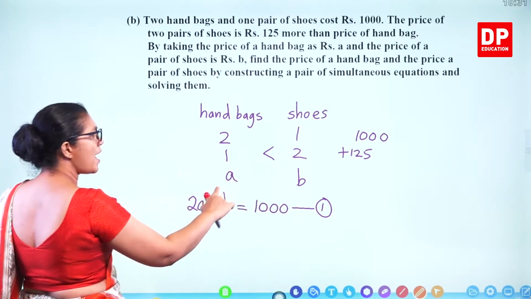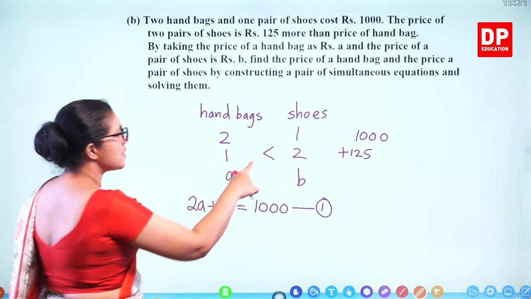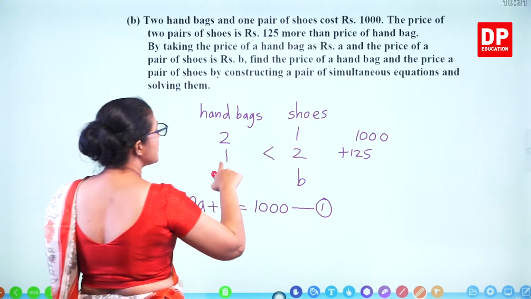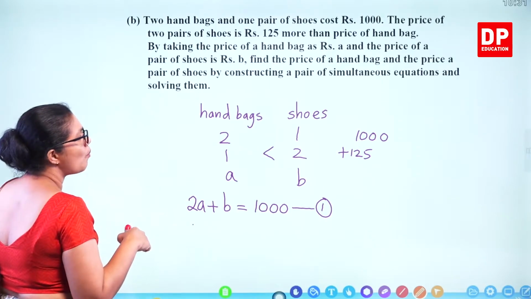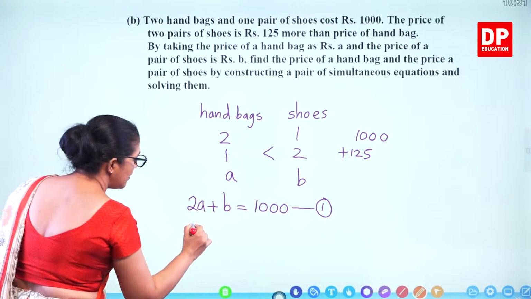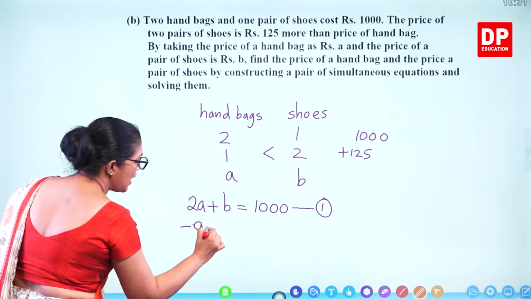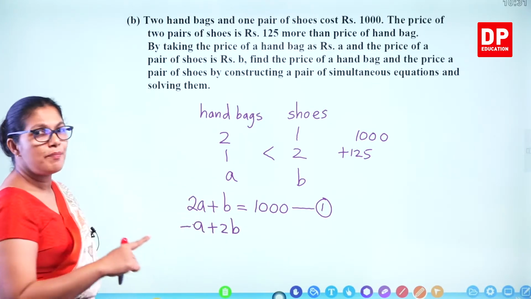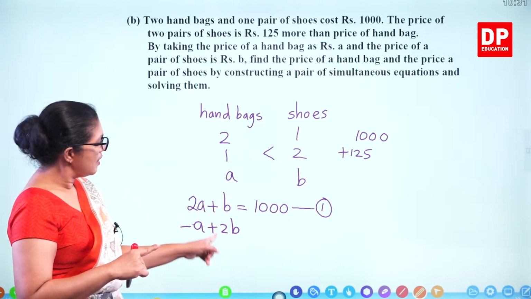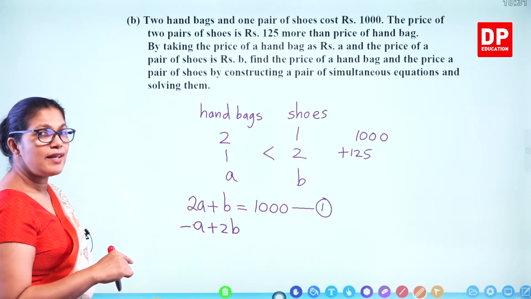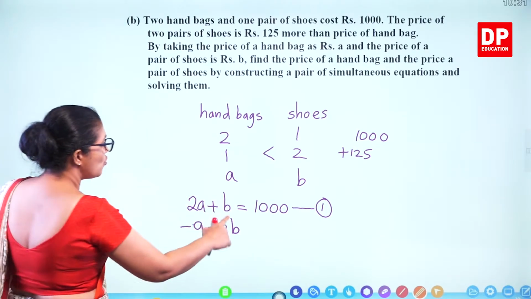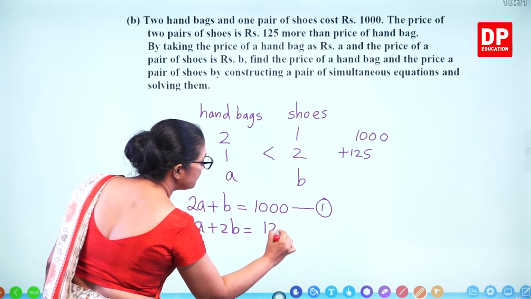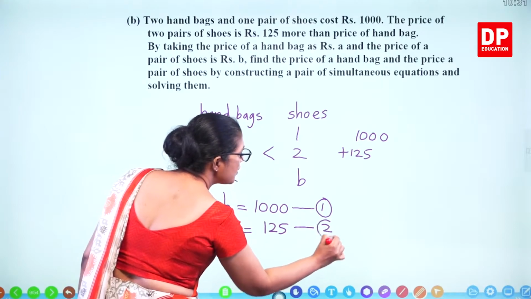So the subtraction becomes 125. So 2b minus 1a. So I can write minus a plus 2b because I need to write down b terms in one column. Then I can solve it easily. 2b minus a is 125. So those are the two equations.